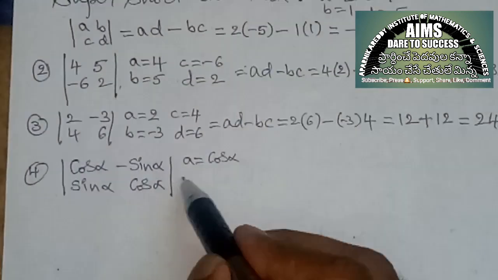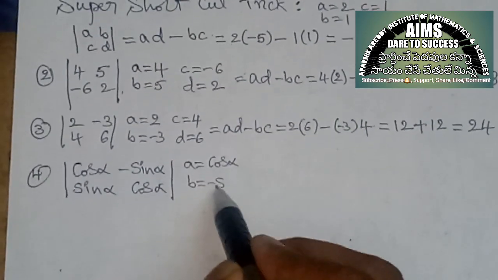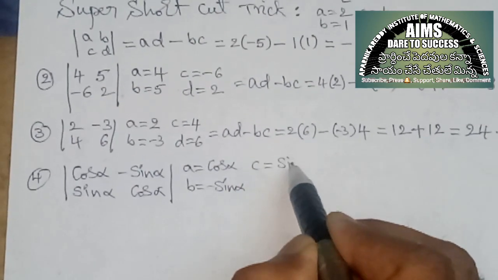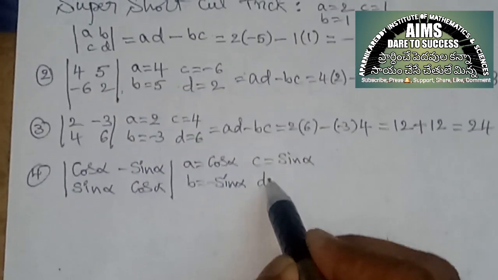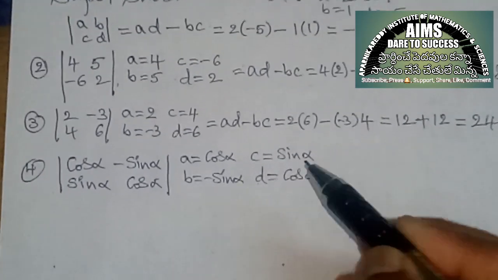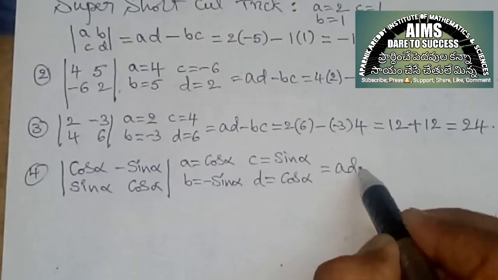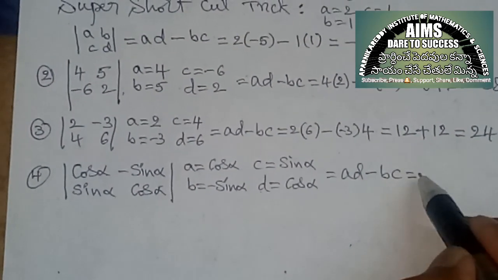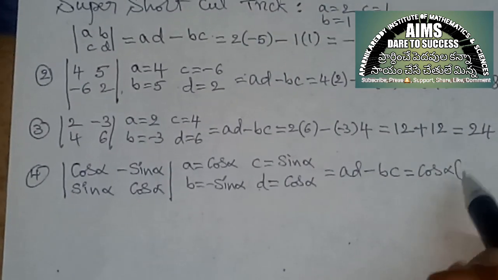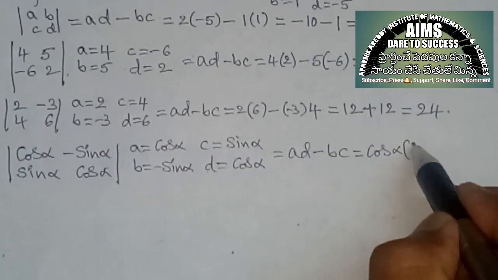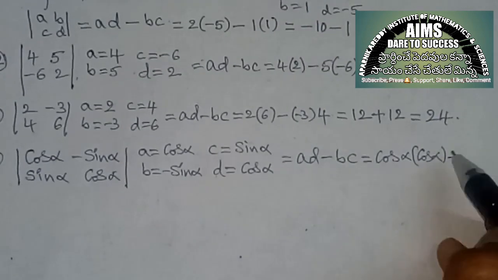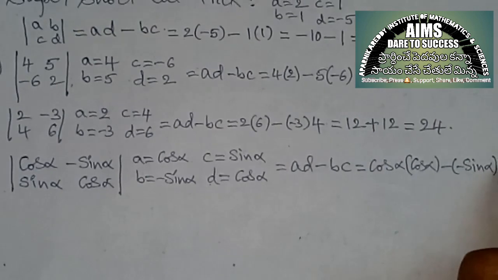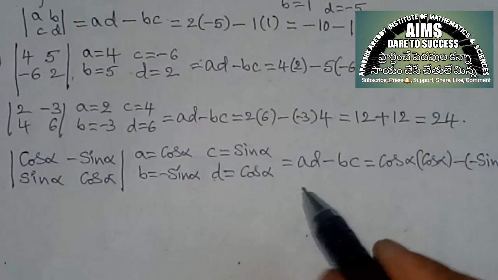A value cos alpha, next B value minus sin alpha, next C value is sin alpha, then last D is equal to cos alpha. Formula is det ABCD value AD minus BC is equal to A value is cos alpha into D value is cos alpha, minus B value is minus sin alpha into C value is sin alpha.